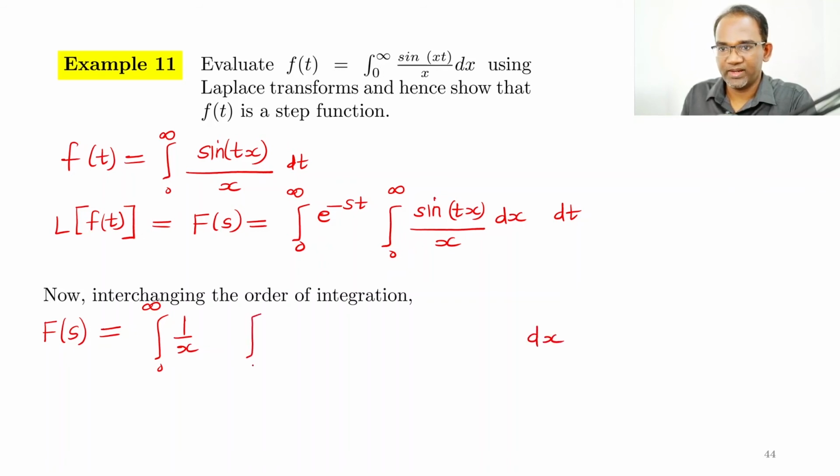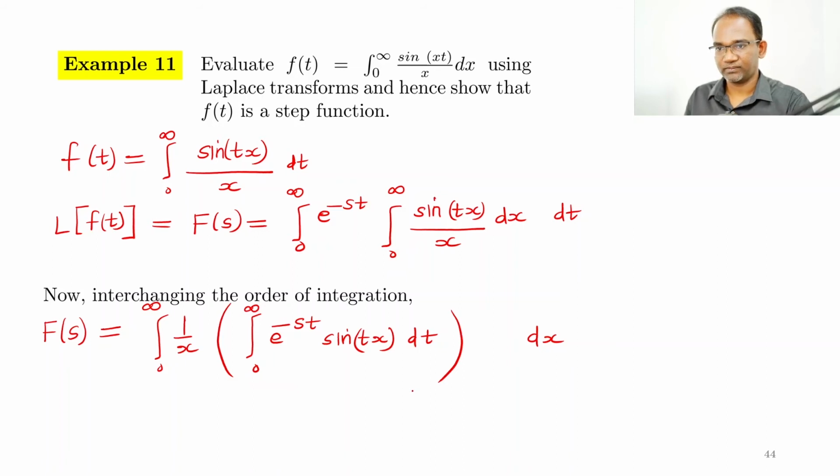Now in the middle we have integral 0 to infinity e raised to minus st sin(tx) then dt. And this is equal to integral 0 to infinity 1 by x.